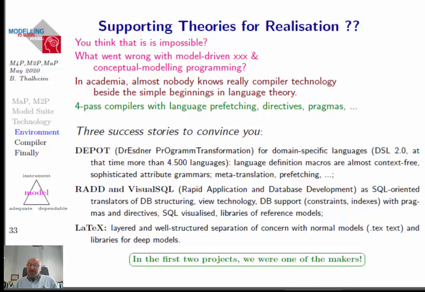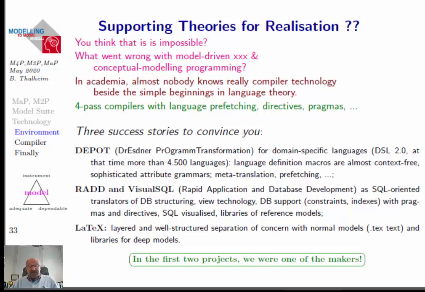We have been doing a similar experience with the rapid application and database development environment that allowed a specification of entity relationship structures and the translation to object relational structures. The same experience we have already with LaTeX as a very professional tool for support of publishing.